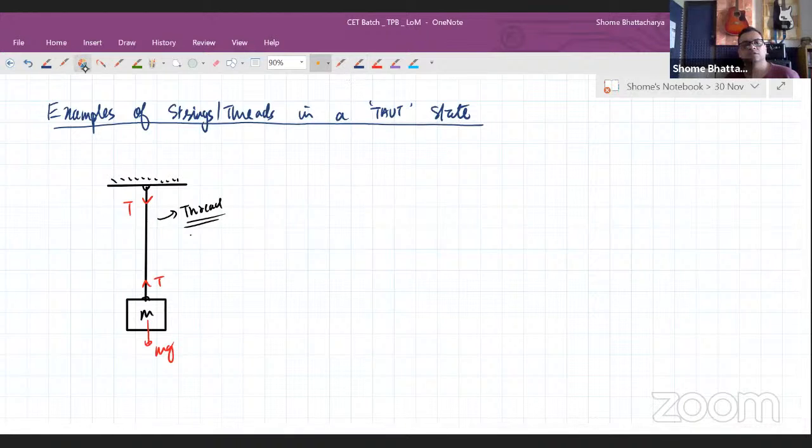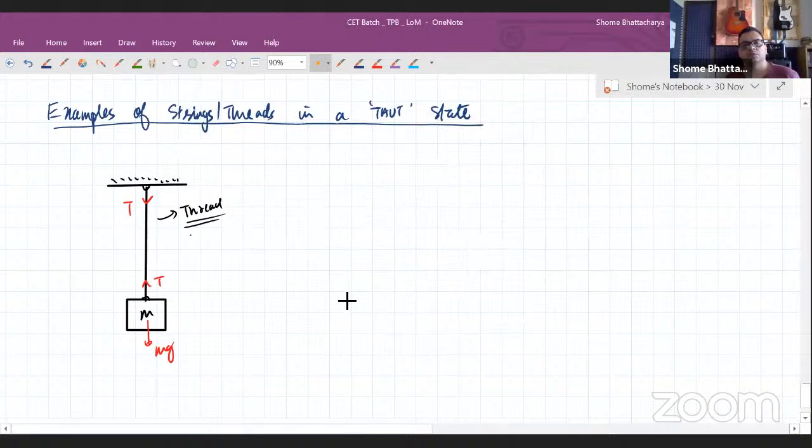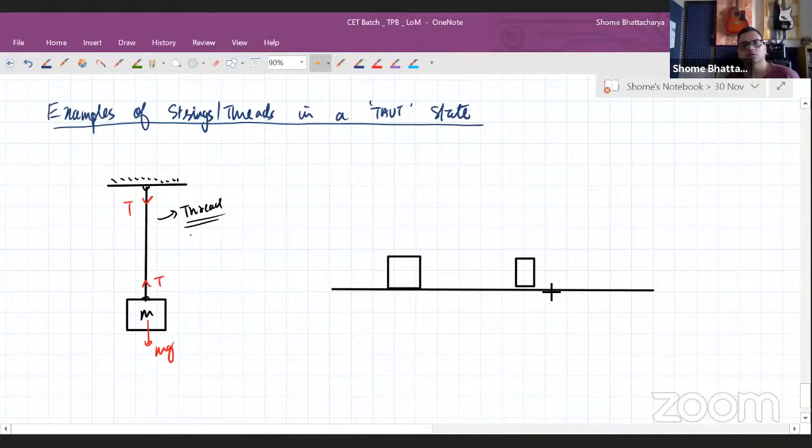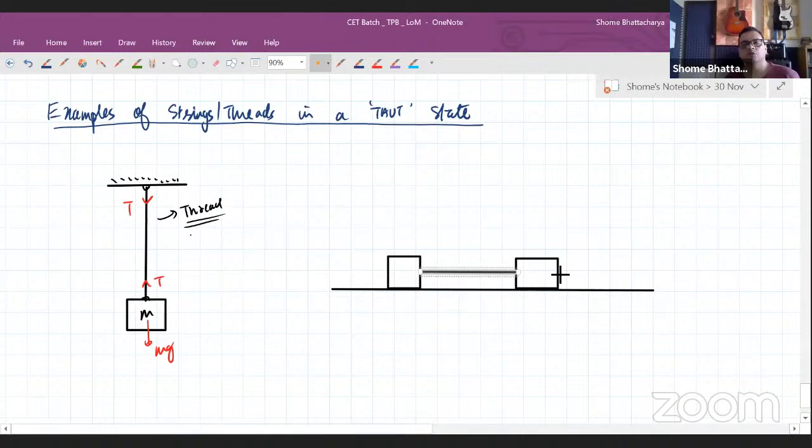Or if we have a situation where, for example, on a horizontal surface, we have two blocks which are connected by a thread. And then what we are doing is we are pulling this system from one side with some external force. So this system develops some acceleration like this.